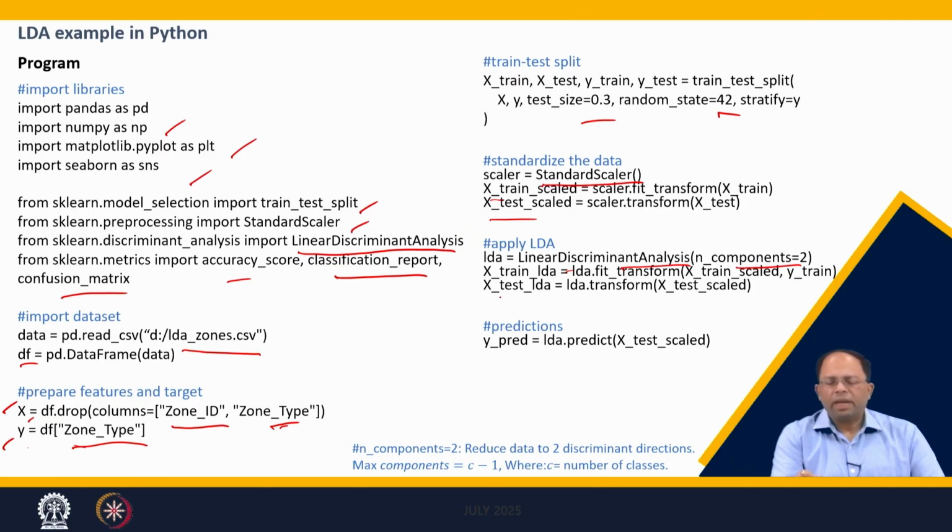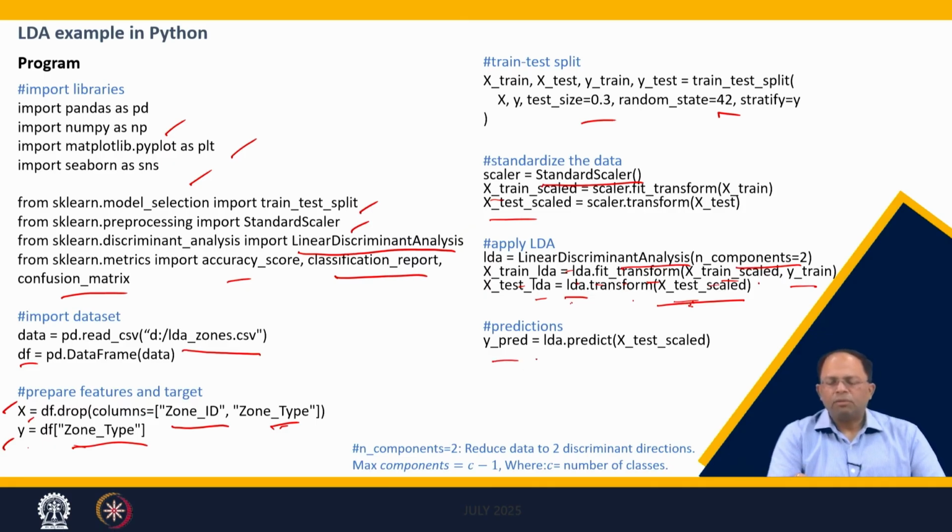Then for x_train_lda, we fit this particular LDA model: LDA dot fit_transform, and we put x_train_scaled and y_train as the input to it. Then x_test_lda is equal to LDA dot transform x_test_scaled. That is the train data, and for test data we are also using this linear discriminant analysis to do the prediction.